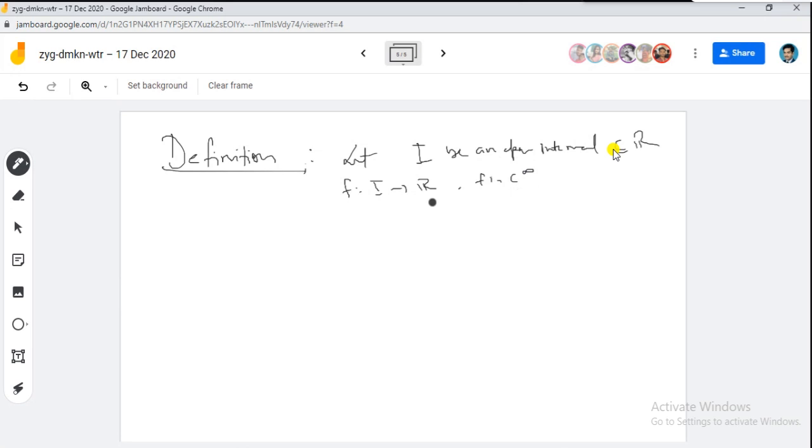Now consider the power series, the sum of f^(n)(a) upon factorial n times (x minus a) to the power n, for some a in I.